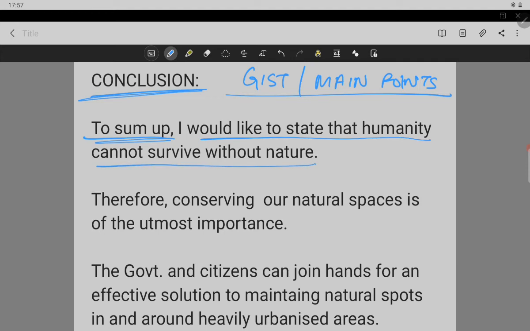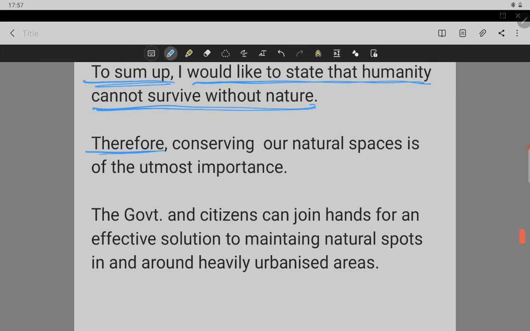This is a fact, this is a heavy fact. Therefore, comma, conserving our natural spaces is of the utmost importance.